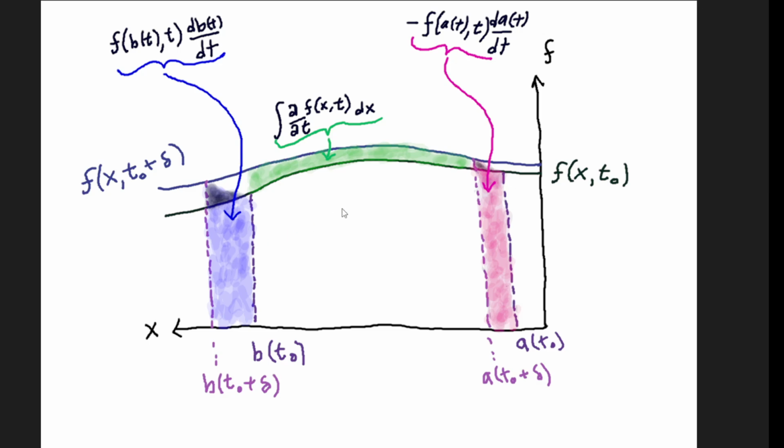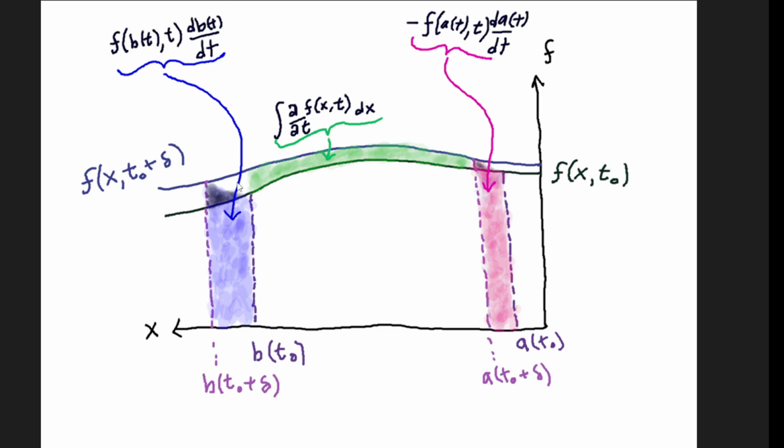And then there are these two things at the end. The value of the function here, which starts at a of t, so this would be a of t naught, and this would be b of t naught, can be extended across, and then it's multiplied by this width, which depends on how fast the boundary is moving.